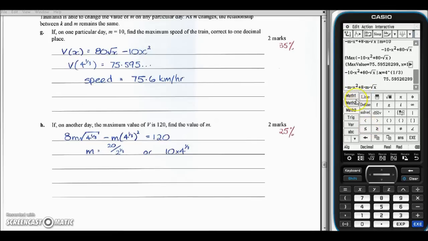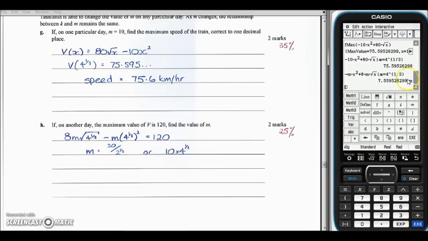So that means that if I sub in 4 to the 1/3 for x, like I did in the previous question, the whole thing should be equal to 120. Let's do that. So 6 times 2 to the 1/3 has to be equal to 120. So we're solving that for m.